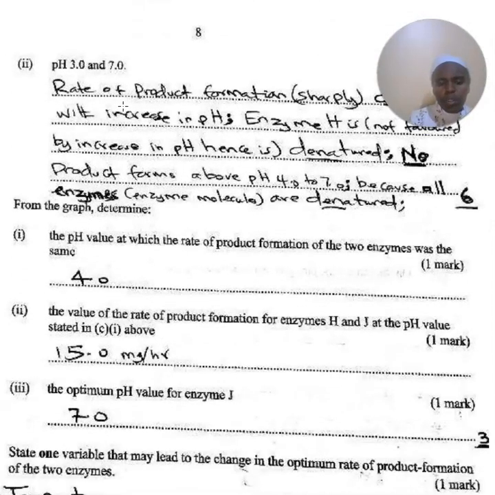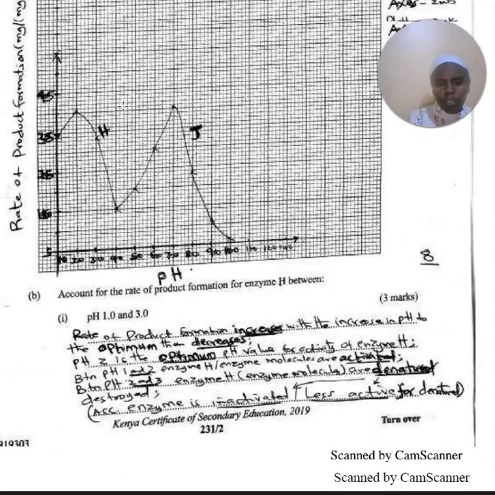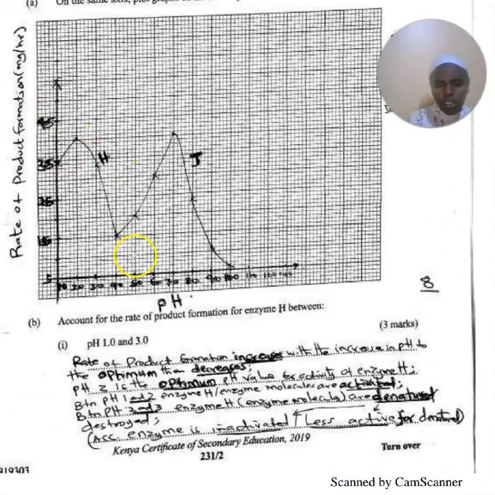Then you are asked, from the graph, determine the pH value at which the rate of product formation of the two enzymes was the same. You can see at this point, the rate of formation of enzyme H and enzyme J was the same. So you just drop at this pH, it's pH 4.